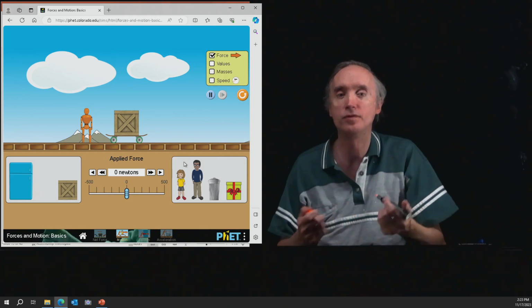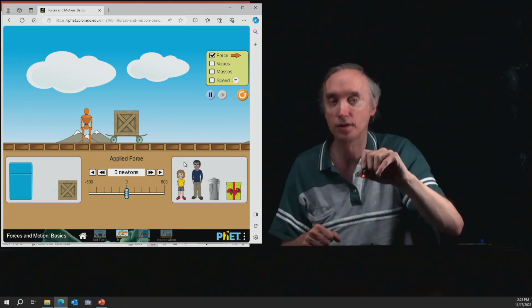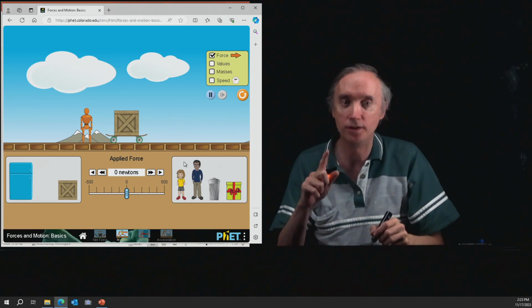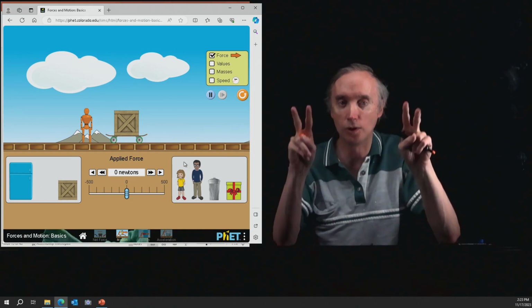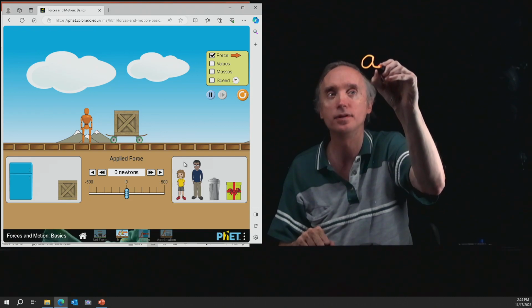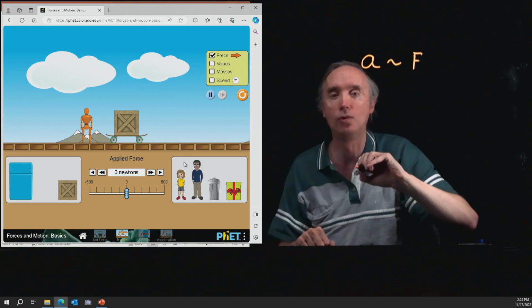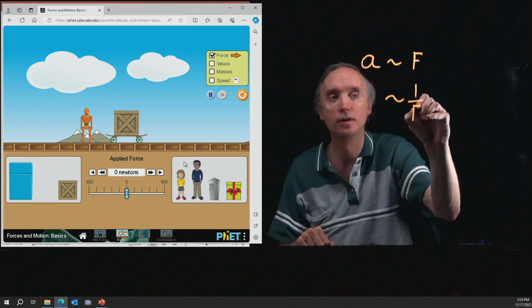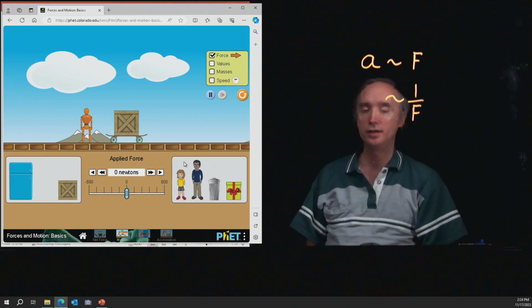So what we've just figured out is when you apply a force, an object is going to accelerate. Now I'm going to give you two different versions of the quote-unquote formula. So I'm going to say that a, is it proportional to the force, or is a proportional to 1 over the force? So you have to figure out which of those two is correct.